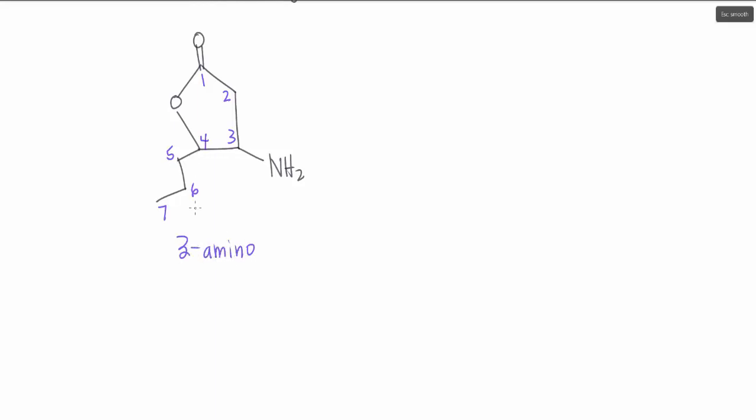But now this is going to change. We still have our 4 hydroxy. But we have how many carbons now? 1, 2, 3, 4, 5, 6, 7. So that's going to be heptonic acid lactone.